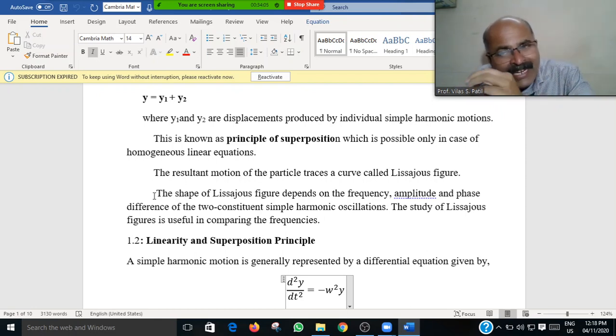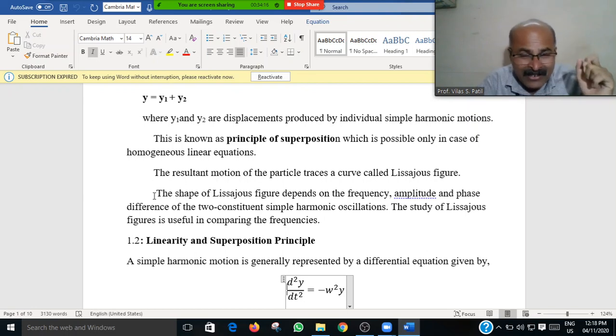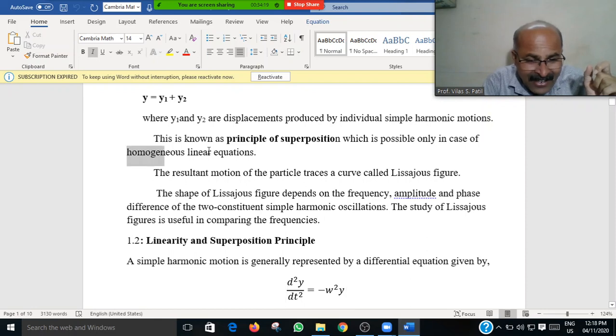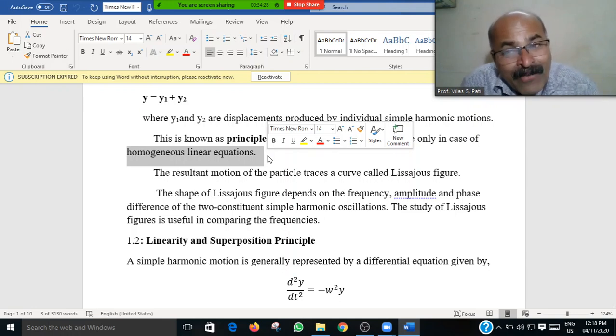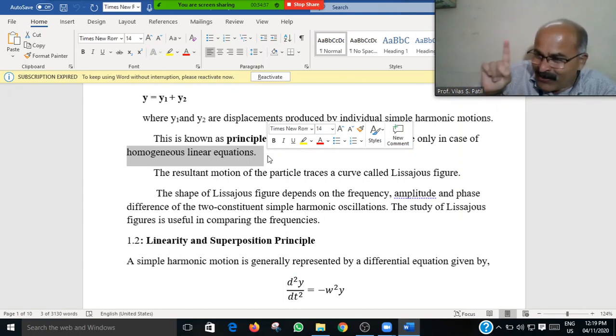It can't be possible in other cases, like non-homogeneous equations or non-linear equations. It is only possible in homogeneous and linear equations, not in non-homogeneous non-linear equations.